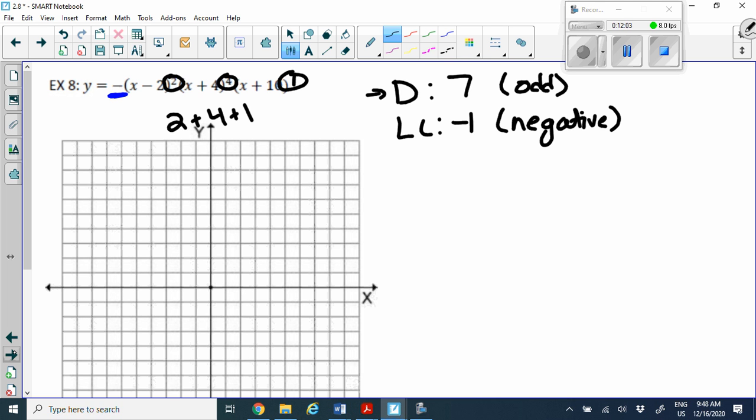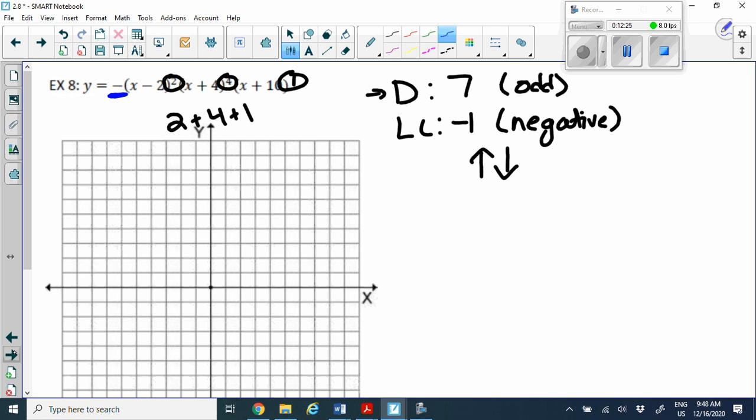Well, if it's an odd and negative, that means when our x values are getting smaller, going towards negative infinity, that means our arrow is going up. But when we are going towards positive infinity on our x, then our y values become negative. Okay, so we have an up-down arrow here.